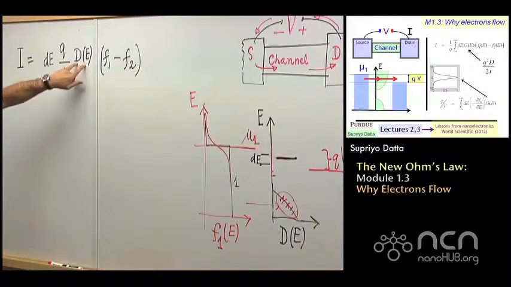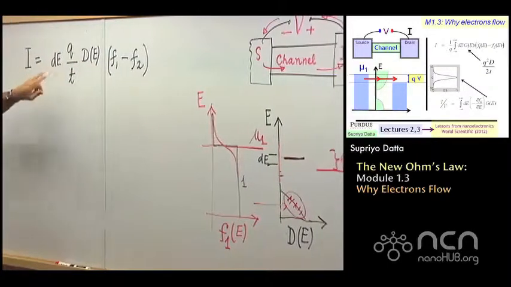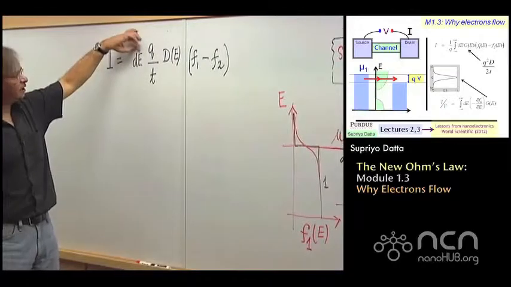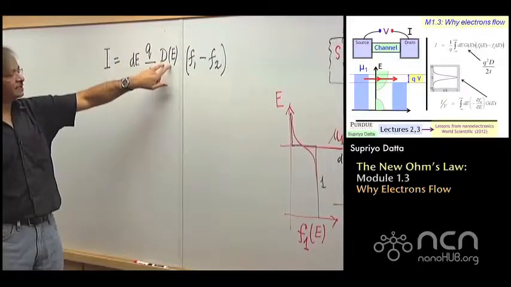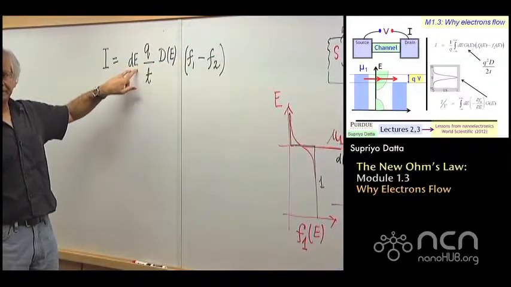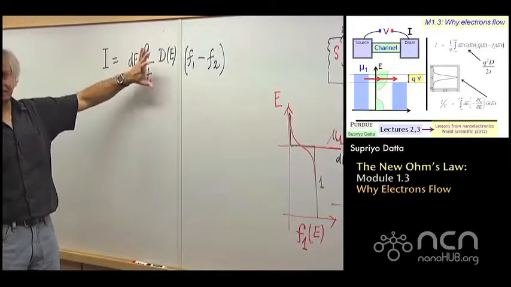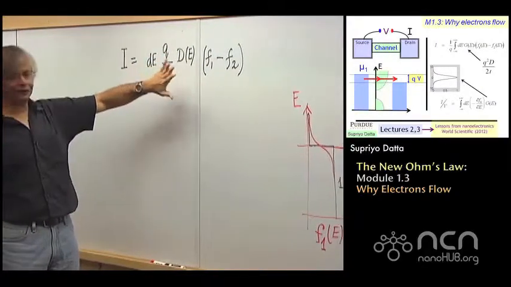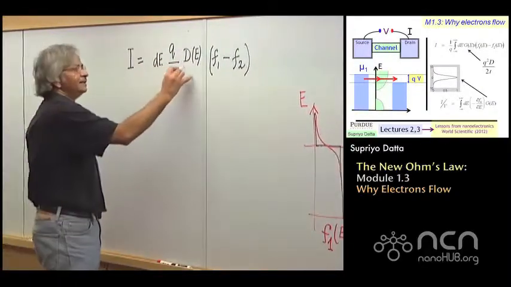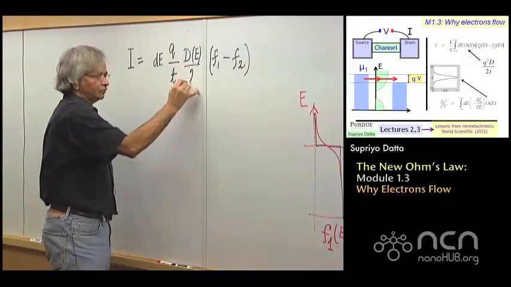You see, the density of states tells you how many levels you have per unit energy. So if you consider a small differential range dE, then the number of states is density of states times dE. Now there's one subtle thing that I need to put in to get it right, and that is dE divided by 2.